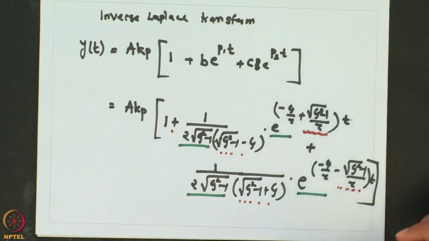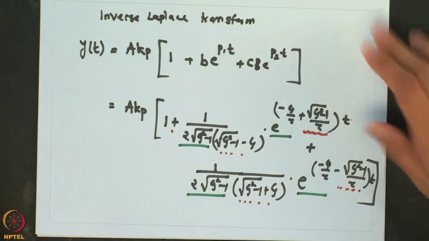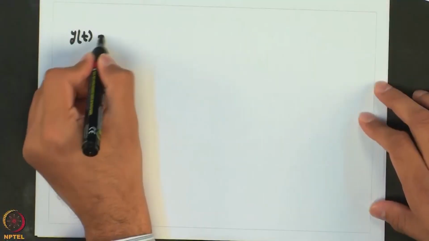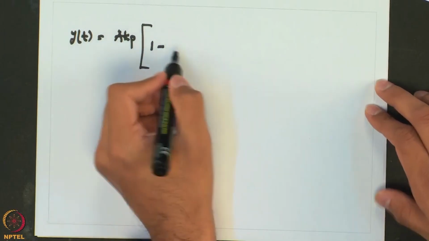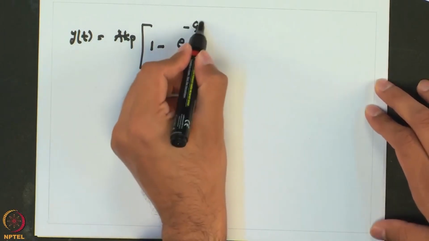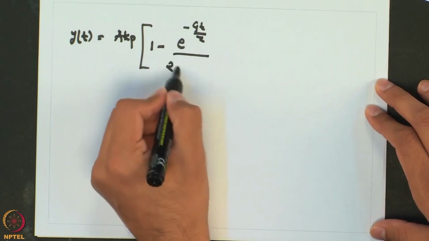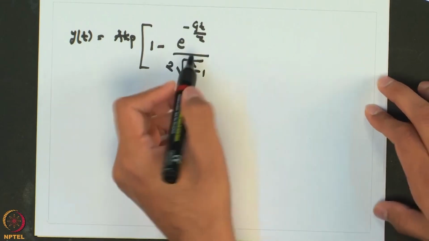So once you do all these simplifications, what you would end up with will be y of t is equal to A Kp times 1 minus e raised to minus zeta t over tau over 2 root zeta square minus 1.